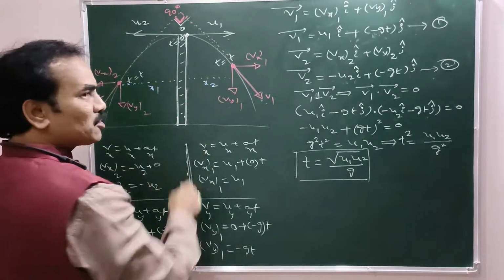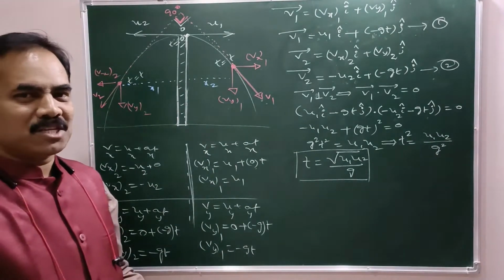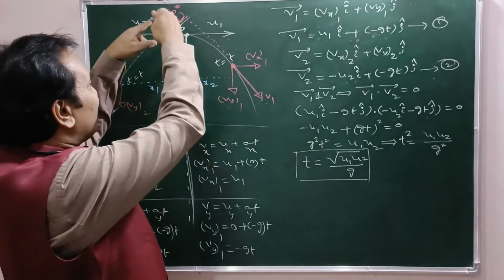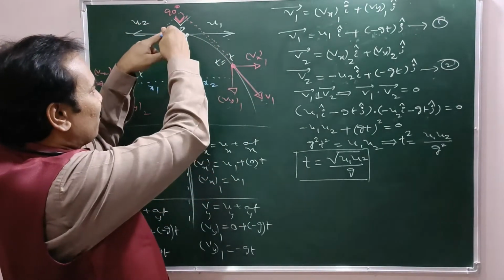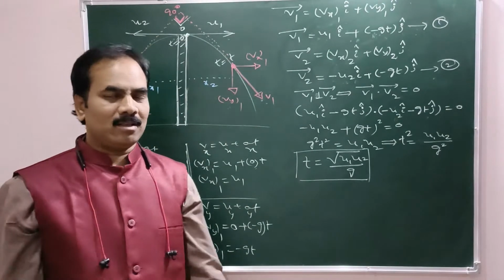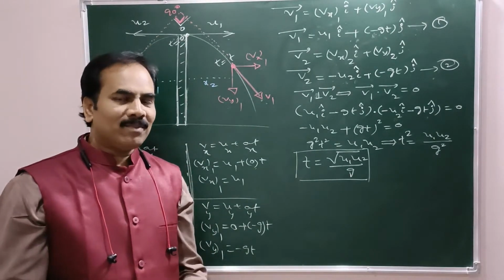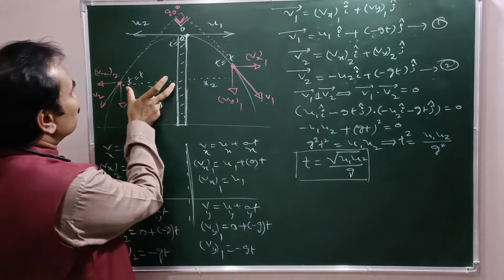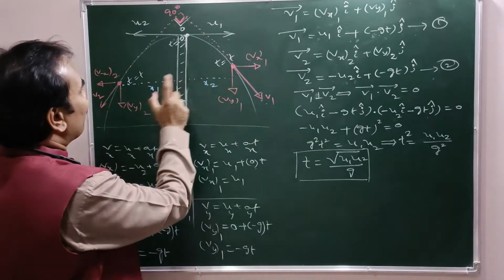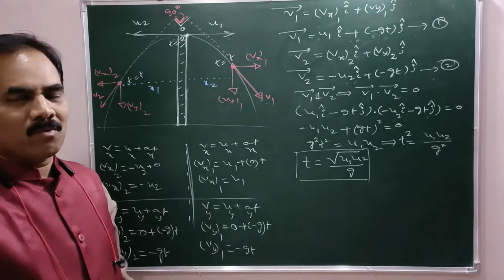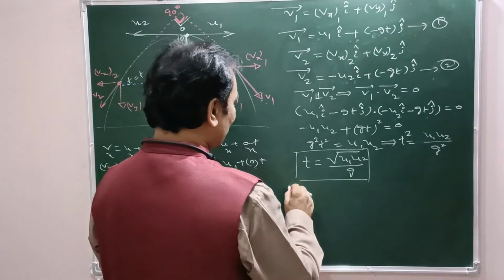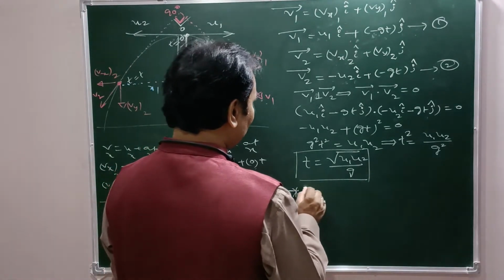Now x1 plus x2 becomes equal to the separation between the projectiles at the time when their velocity vectors are perpendicular to each other. See, this distance is x1, this distance is x2. Now x1 plus x2 becomes equal to the separation between the projectiles. Right? Now the next point, separation.